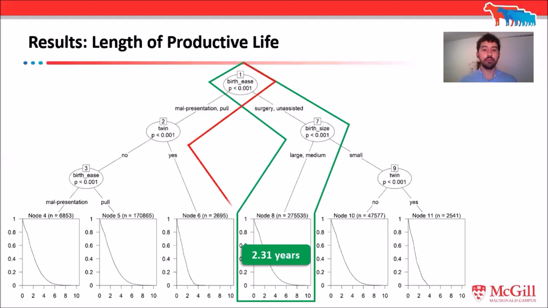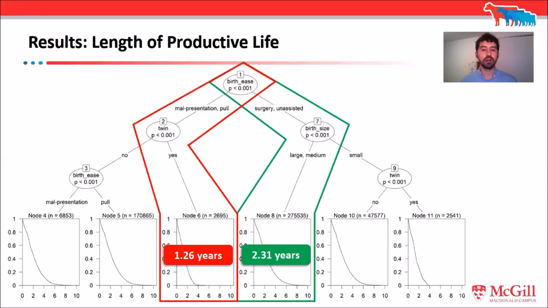On the other hand, animals that had some trouble in the birth, so they had a malpresentation or a pull in the birth, and were on top of that part of a twin birth, had the shortest length of productive life, which was on average 1.26 years for animals in that group. That group also had an odds ratio 1.70 times greater than the animals in the group with the highest length of productive life. And on average, they stayed in the herd 1.1 years less.